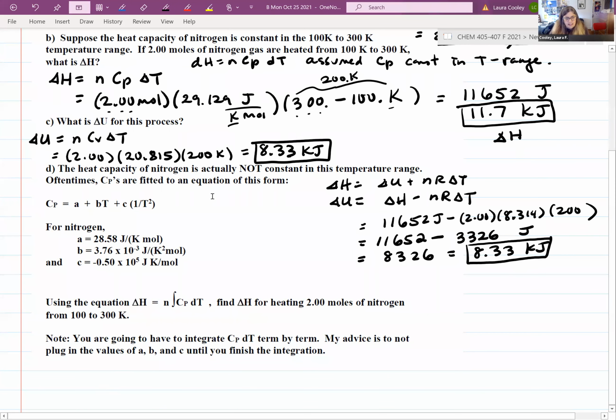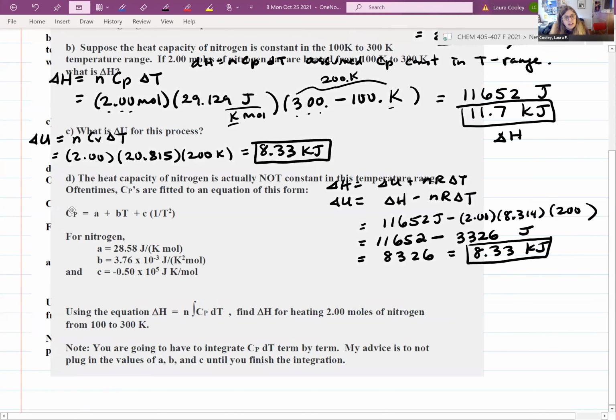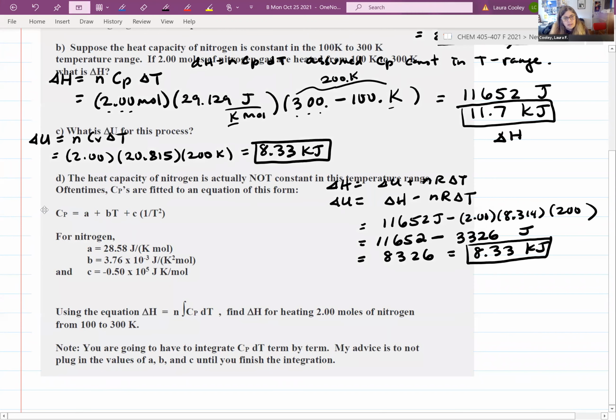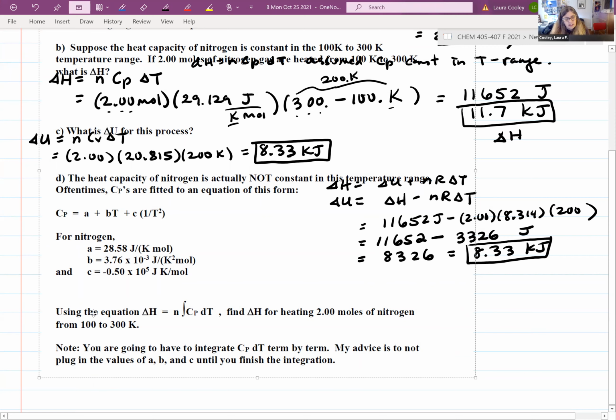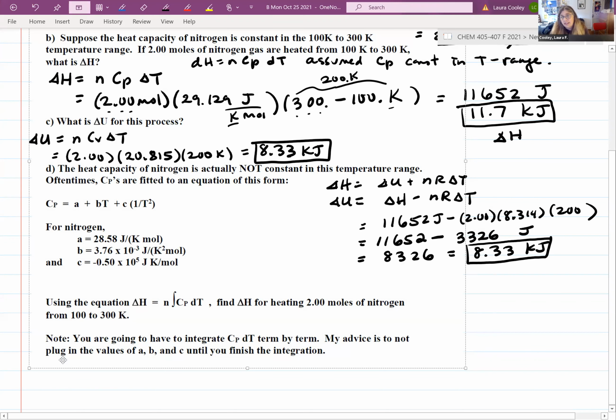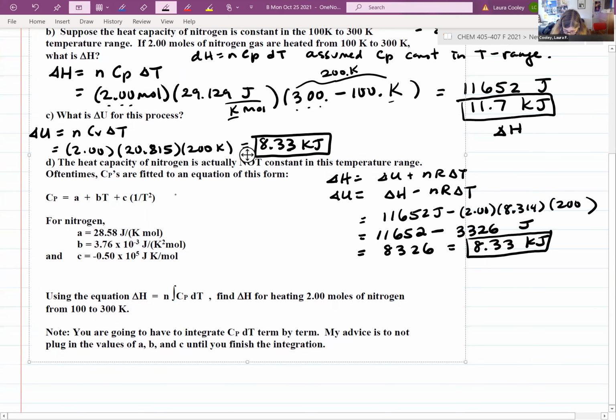All right. So this shows you what to do if you're given the actual way in which CP depends on T. So here, this is often the way the heat capacity at constant pressure is fitted to a temperature curve.